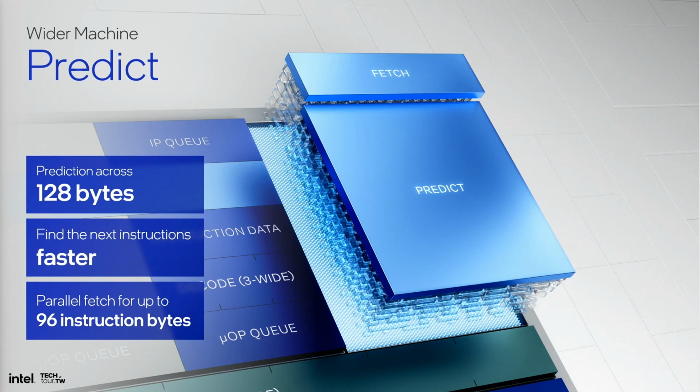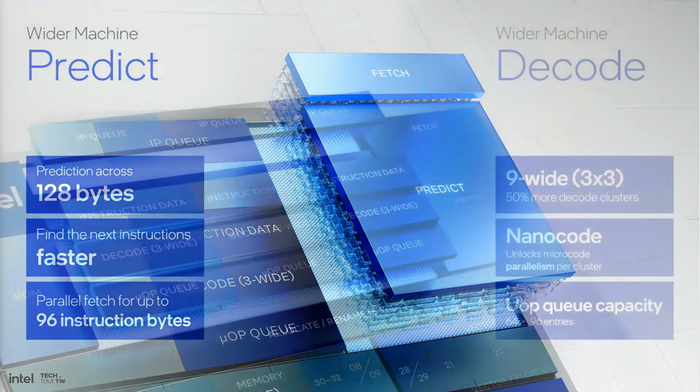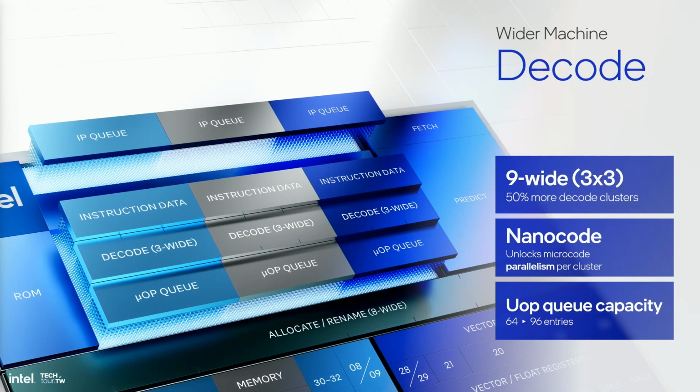Those are 50% deeper as well. Now that we can predict and fetch the data, we hand it to decode. Several generations ago, we introduced the industry to clustered decode. We did this on Tremont, Gracemont, and we have it in Crestmont.